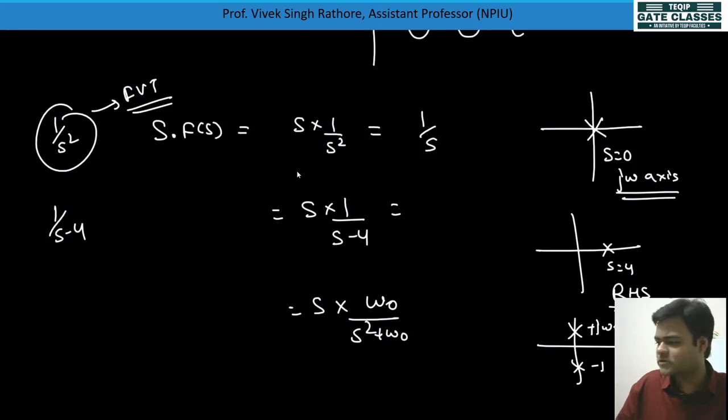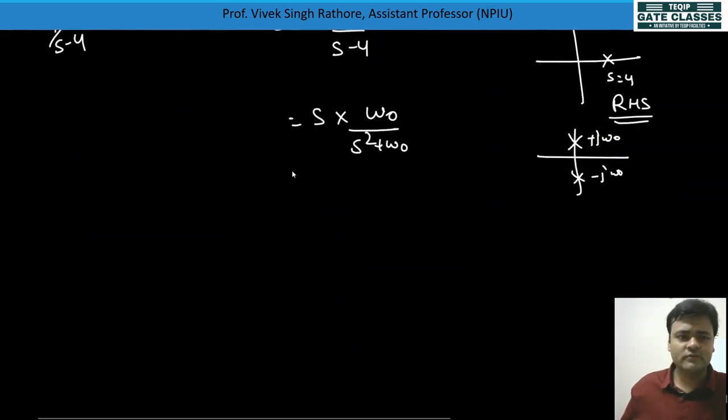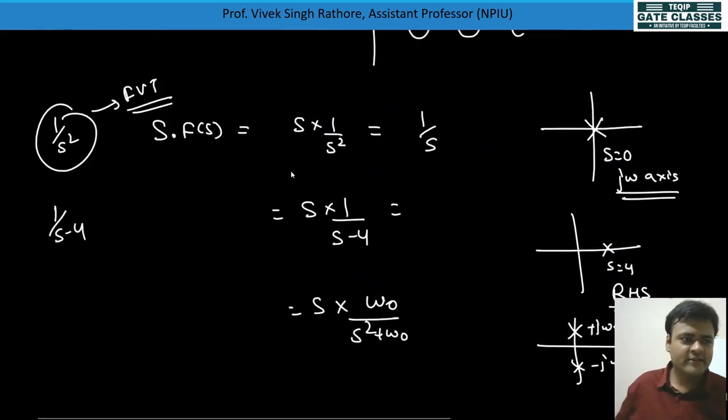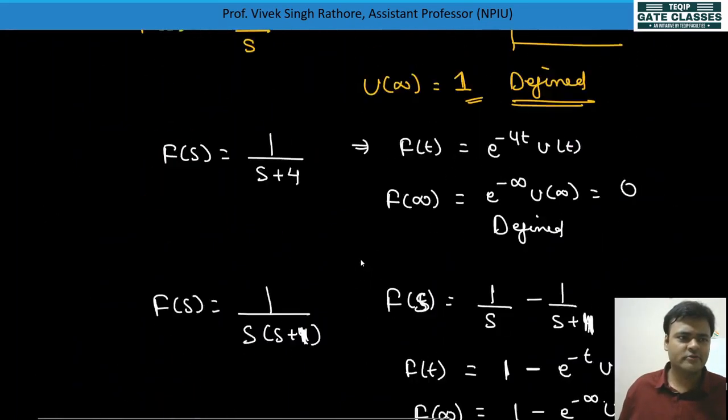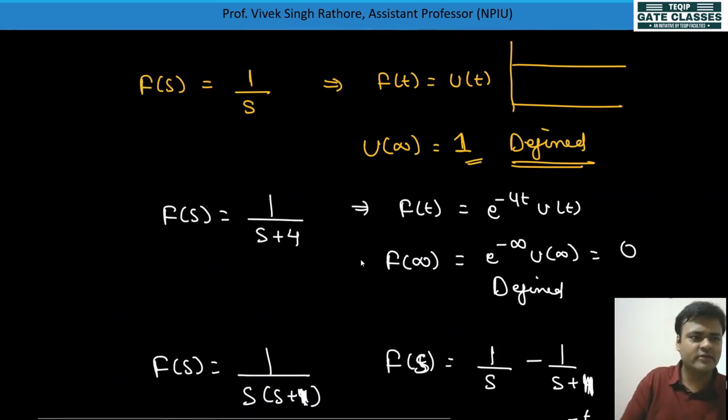So ultimately for these three signals, including sine omega naught t, you are not able to calculate the final value. But let's suppose for 1 by s signal, I will write with the blue pen, if you do s into f of s, what will you get?